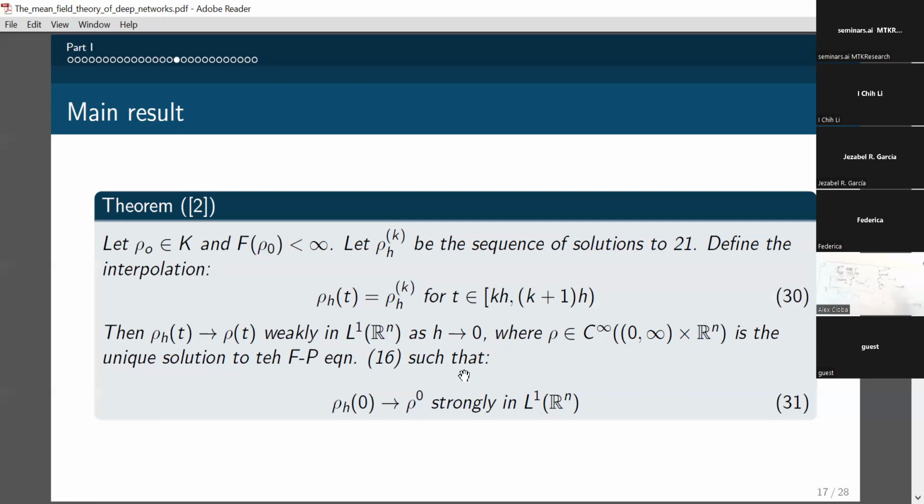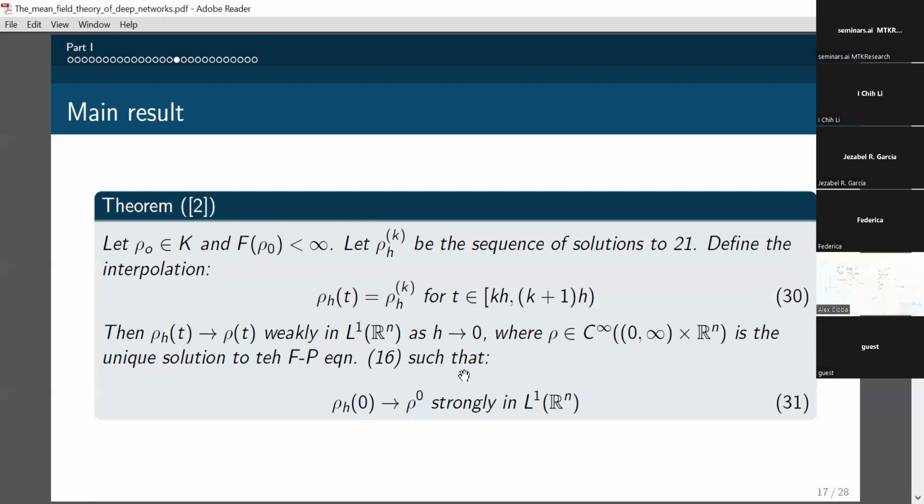And obviously this statement about convergence is taken as h tends to 0. So what happens as h tends to 0 is these intervals contract, but also the individual distance between these levels contract.